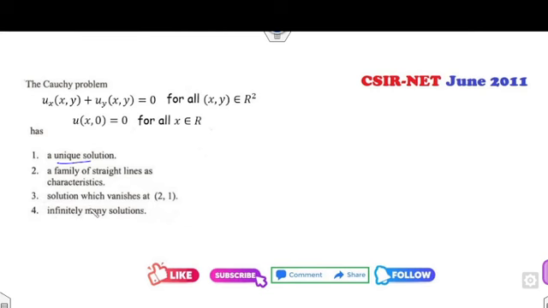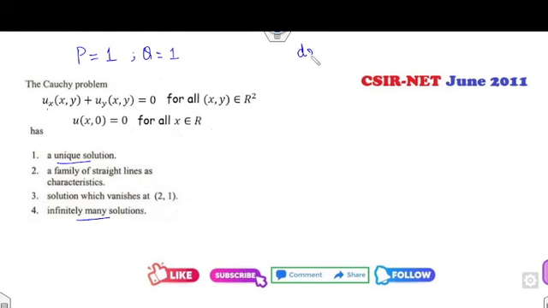Again, they are talking about the unique solution, infinitely many solutions. What is my P? P is equal to 1, the coefficient of del u. Q is equal to 1. But make sure whether the word "on" is given to you in the statement. No. That means they are talking about finding the solution on the whole curve, not on a particular curve.